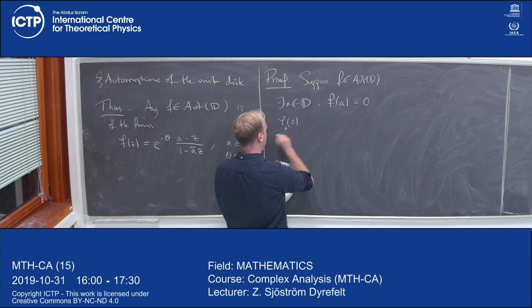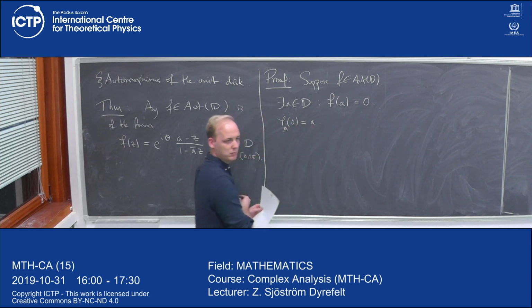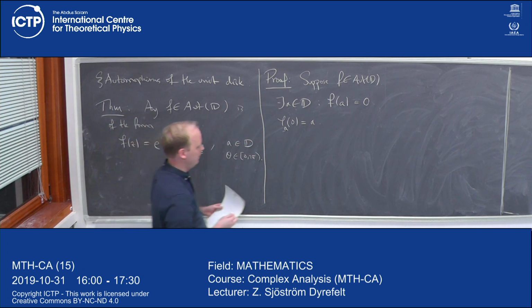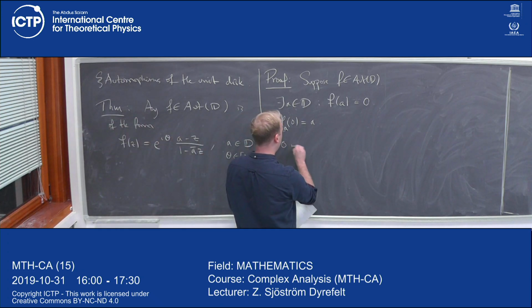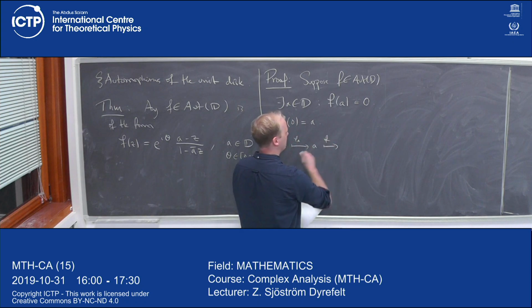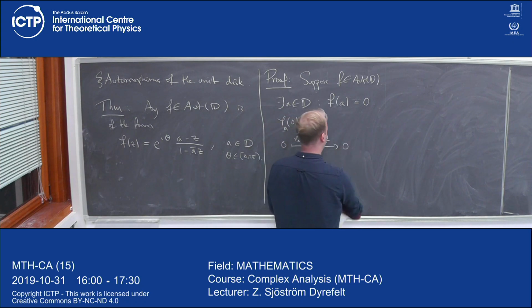We also use this. It means that if we compose these two together, we can send 0 using phi a to a, and using f, we can send a back to 0.